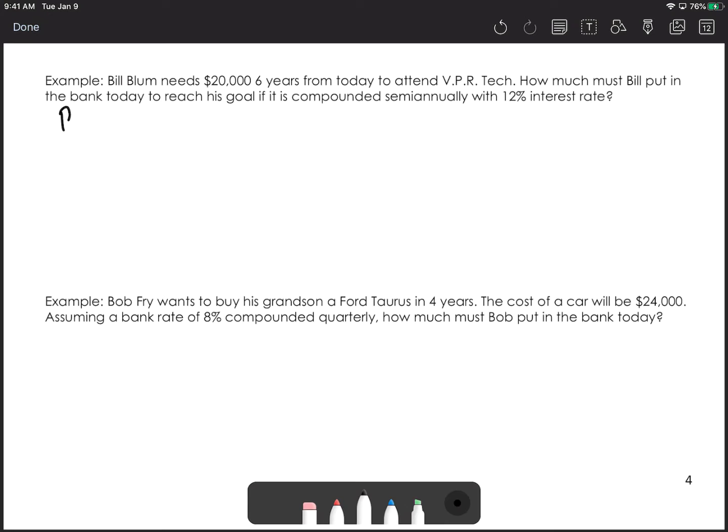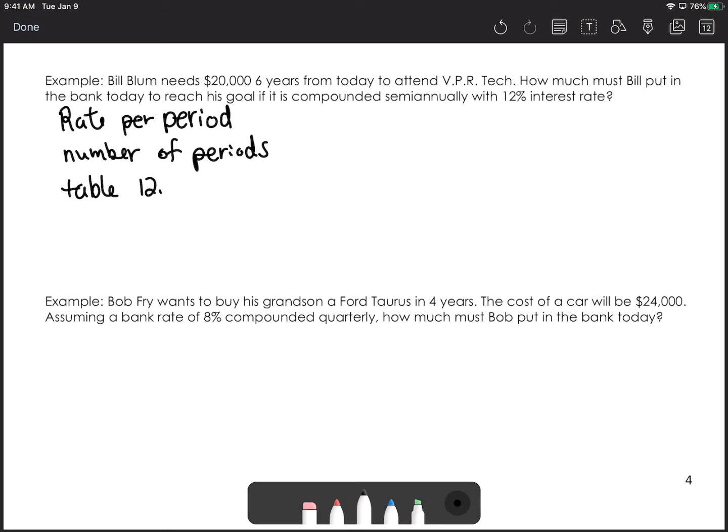We still have to find the rate per period. We still need to find the number of periods. And we're going to use table 12.3. And we're looking for our table factor. So we know what we need to multiply the 20,000 by.